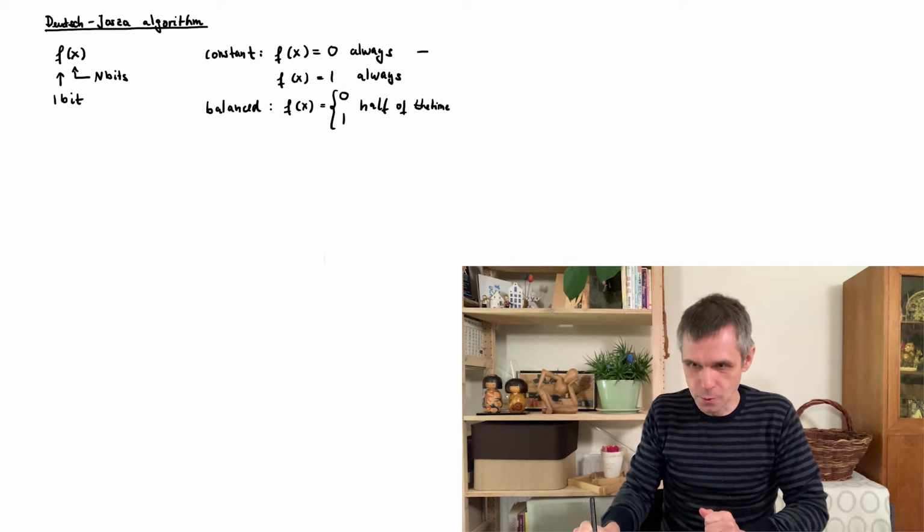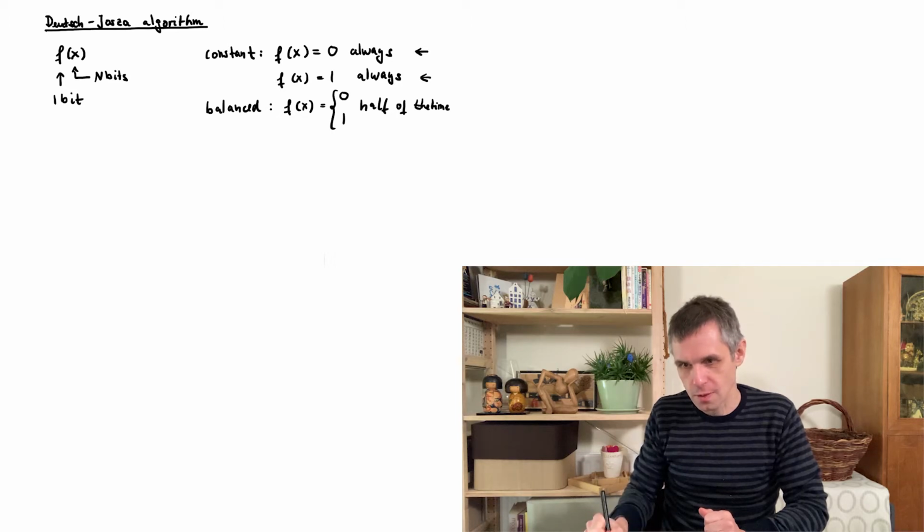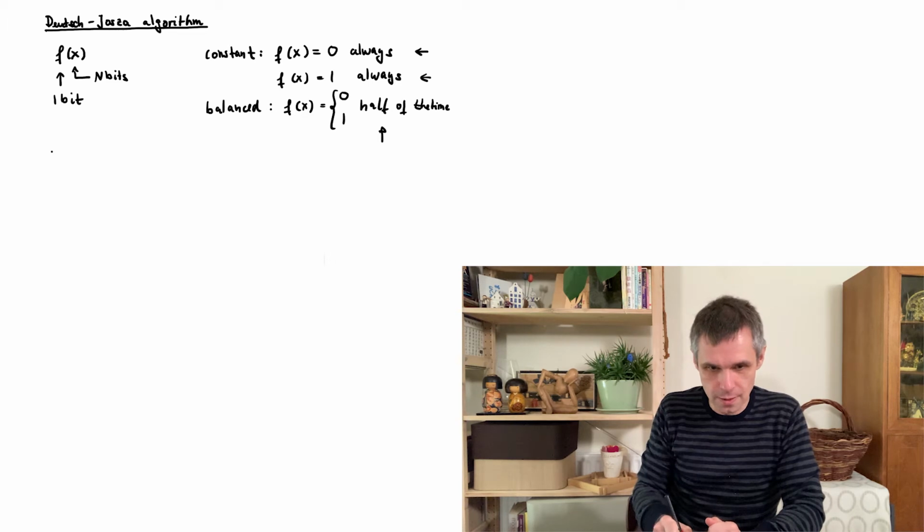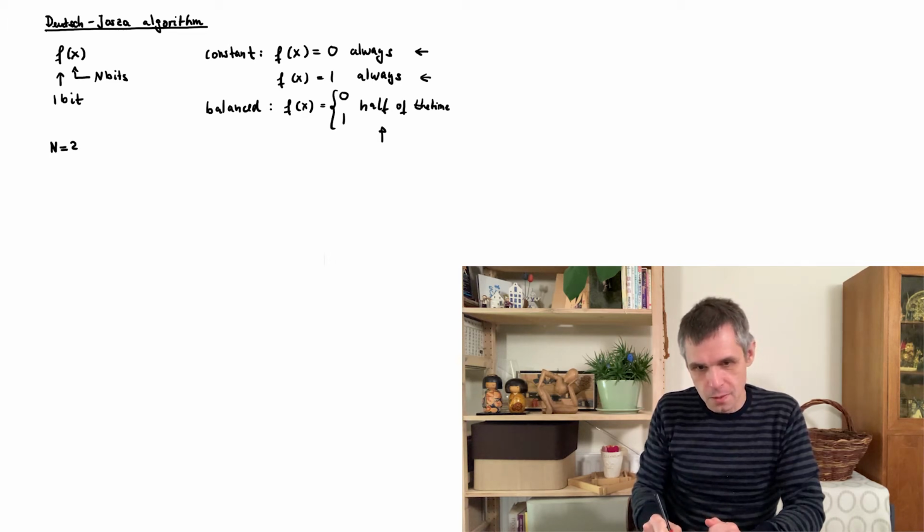So there are exactly two constant functions, but many more balanced functions. But this does not cover all possible functions, and in order to illustrate this, let us consider the case of 2 bits. So we have an input x, which has 2 bits.